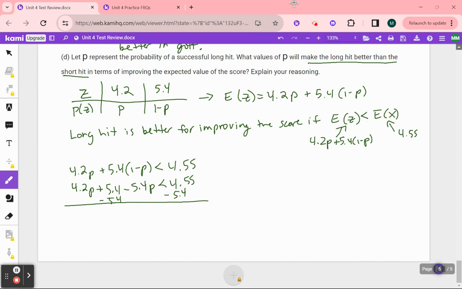I have negative 1.2 P is less than negative 0.85, and that's a negative value. I don't want to deal with negatives, so I'm going to flip this around.